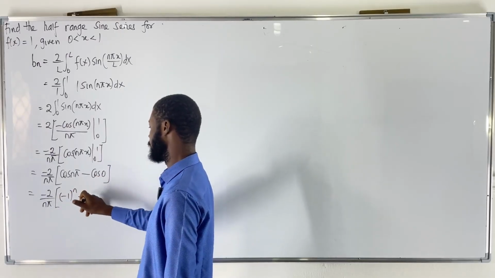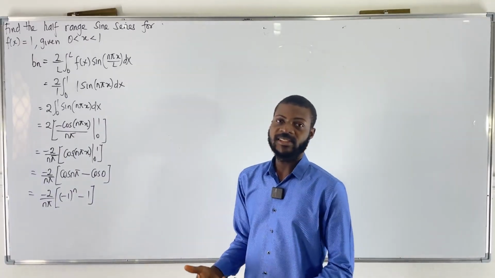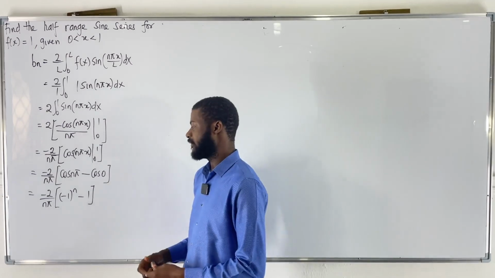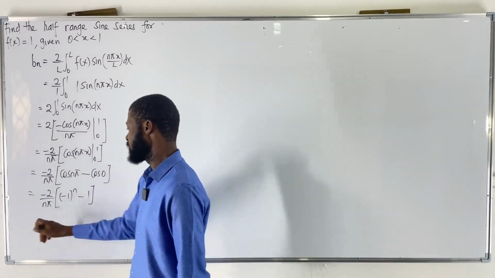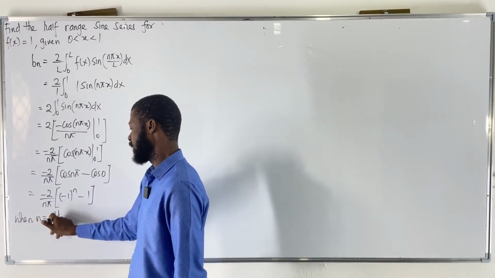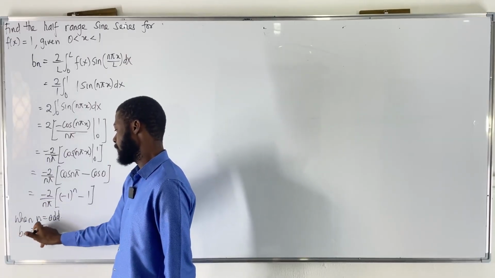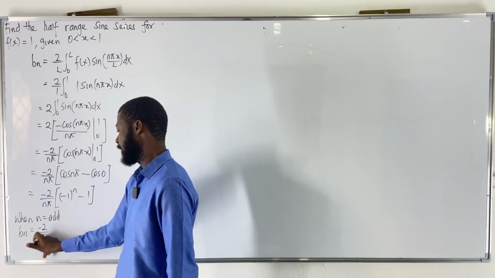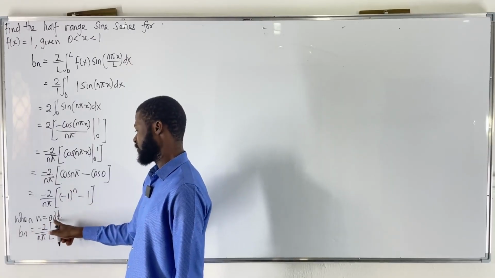Cos 0 is 1. Now, this particular bracket, if you've been following this series, has a particular behavior. Now, what we're going to do is, when n is odd, this will then mean our b sub n is minus 2 over n pi into, let's pick 1 for example, because 1 is odd.